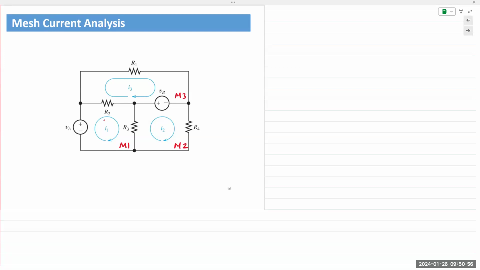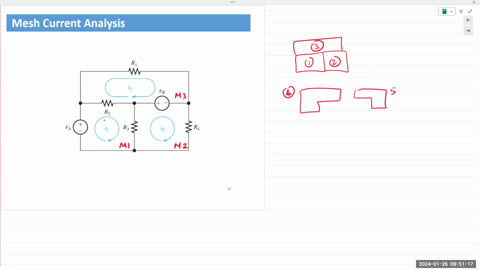So in this circuit, that's one loop, that's 2, that's 3, that's 4. What else? 5 and 6. 6 loops.